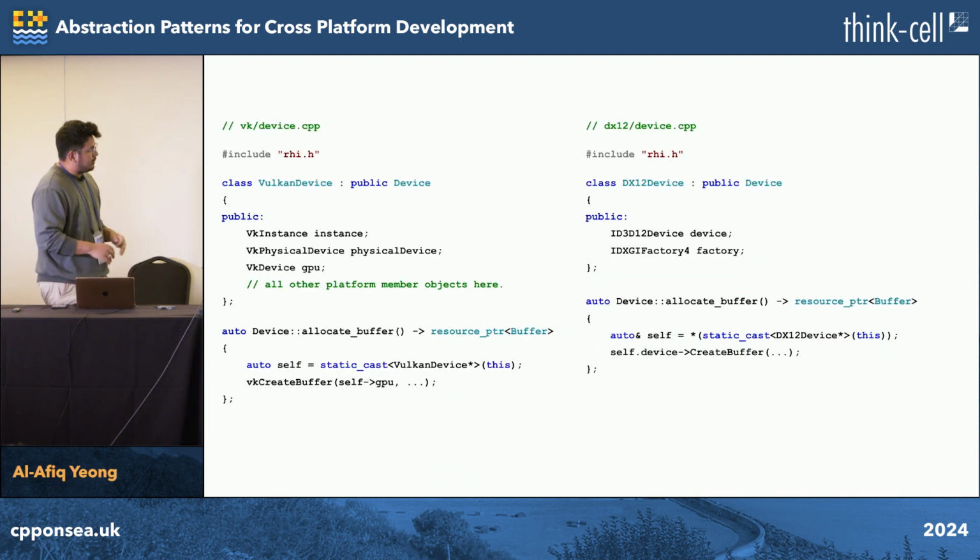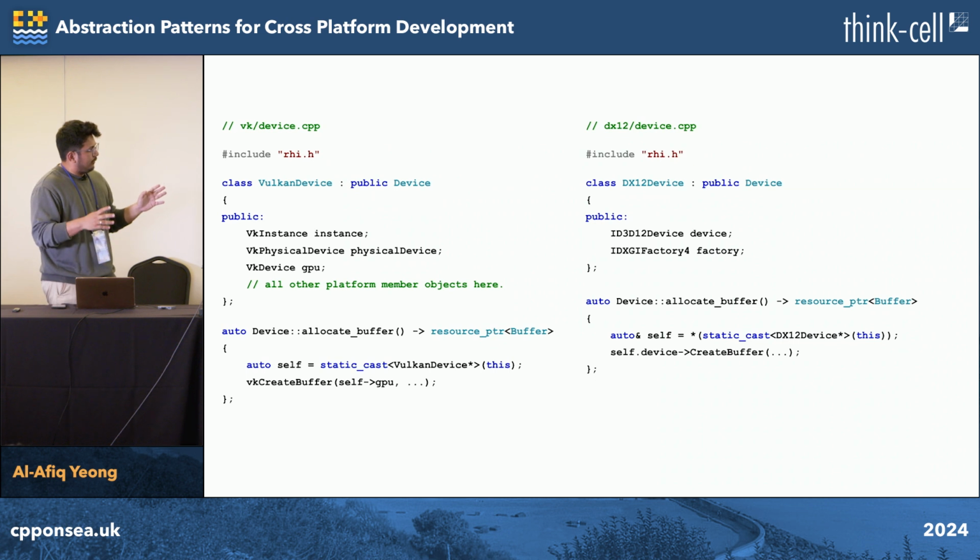And then for each platform that we're going to support, inside of its source file, we declare the implementation for it by deriving from the interface. And again, it doesn't need to have any encapsulation because we're never going to expose this object outside of the library, and having them as public just makes it more accessible.